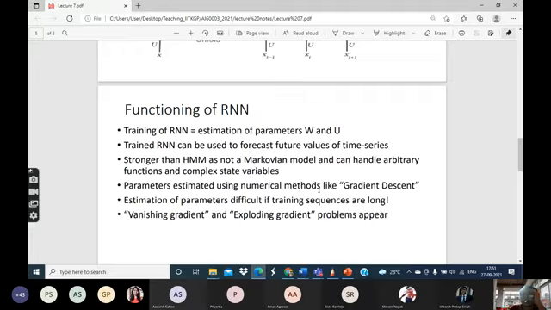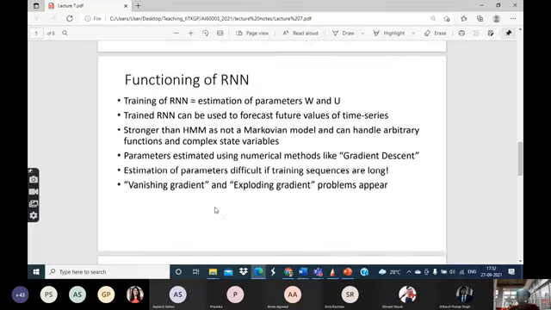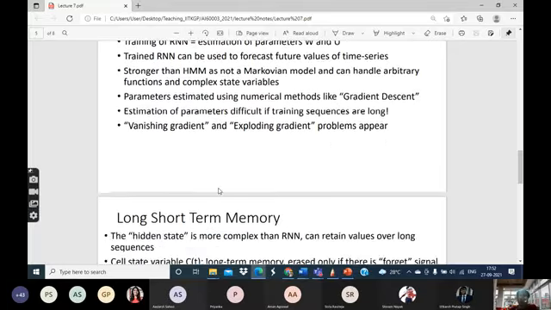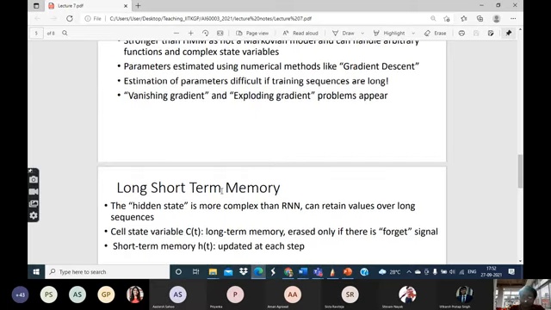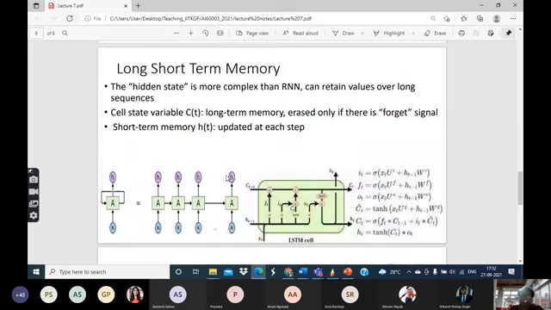So the derivatives you are calculating will either tend towards 0 or towards infinity. This results in various problems, which is why RNNs have limited use when dealing with long time series.